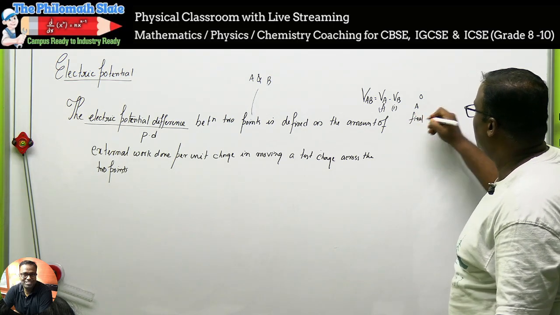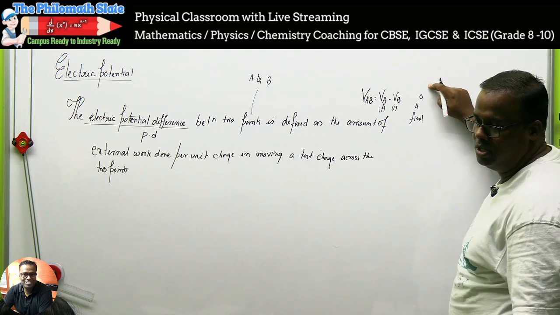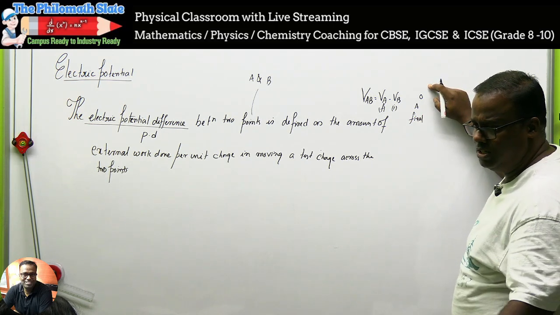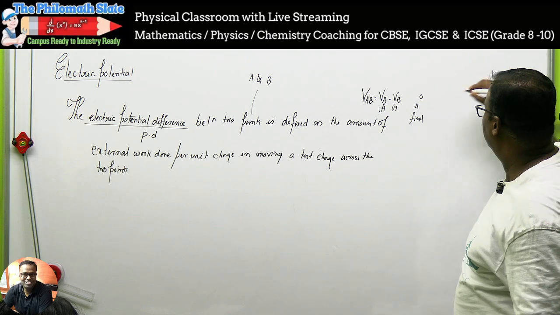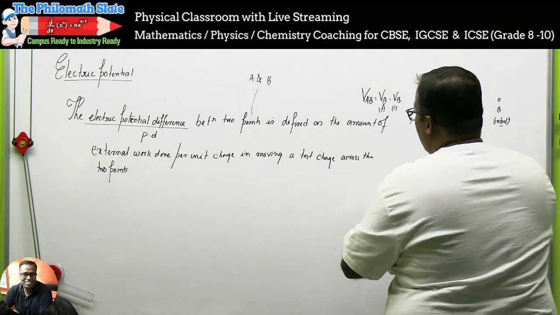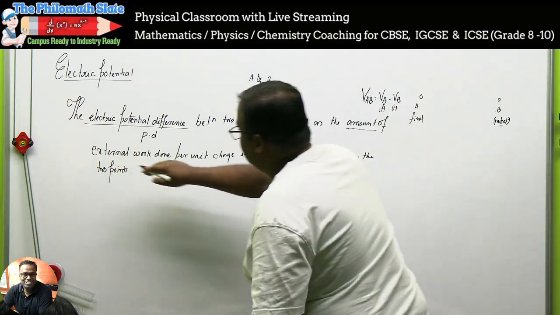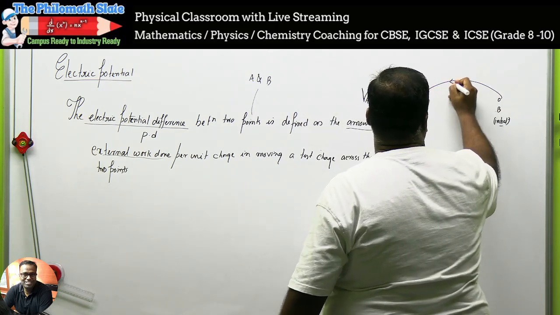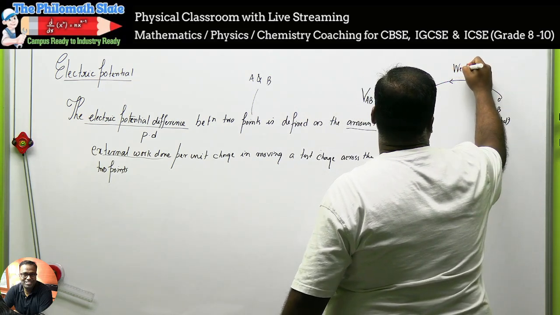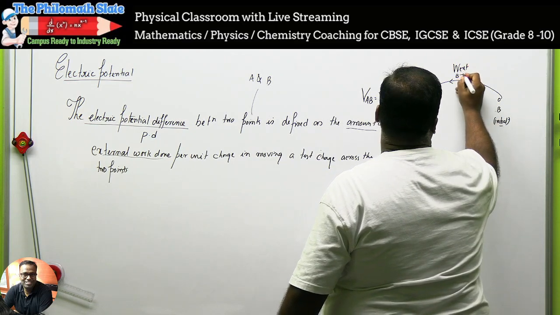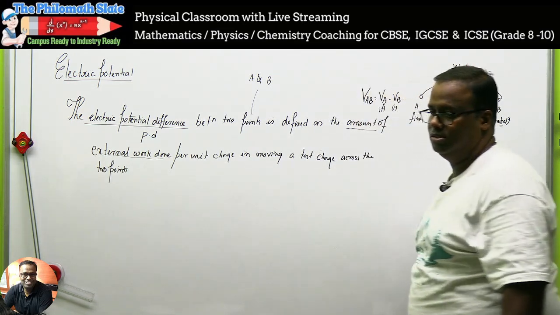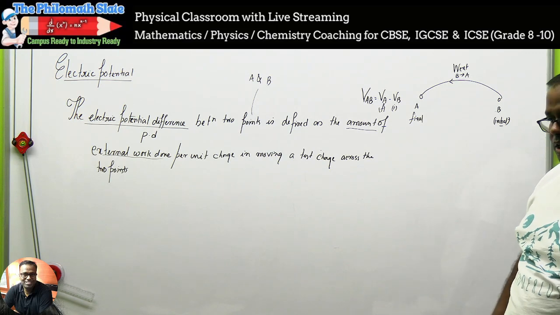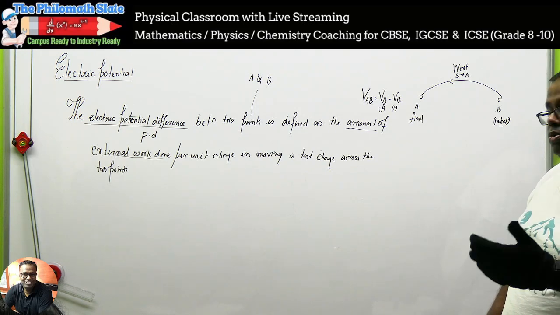So how should our charge move? Our charge should move from here to here. Final minus initial. So amount of work done. Now it's defined as the amount of external work done. So what is the work done? To move it, W external in moving from B to A. Amount of external work done per unit charge.